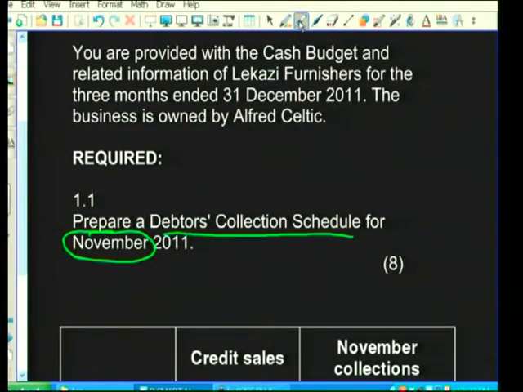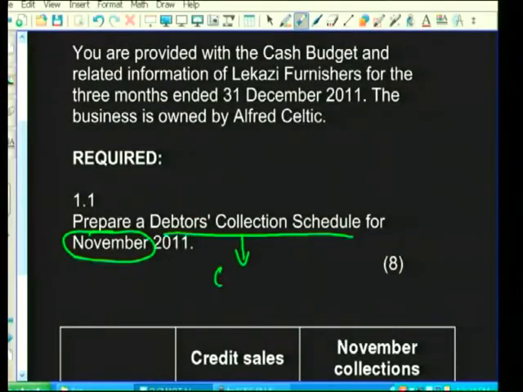So not for all 3 months, October, November, and December, just the month of November. Now, guys, please remember, whenever you are asked to prepare a debtors collection schedule, you are obviously going to be looking at credit sales.